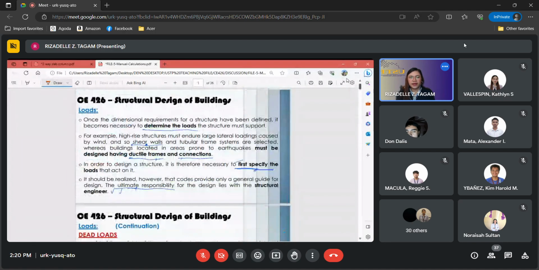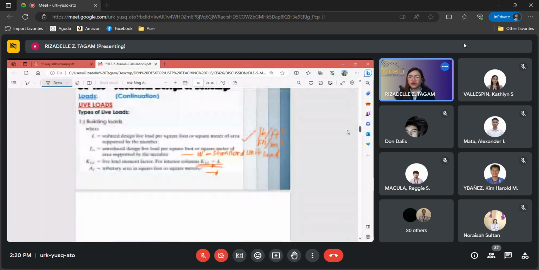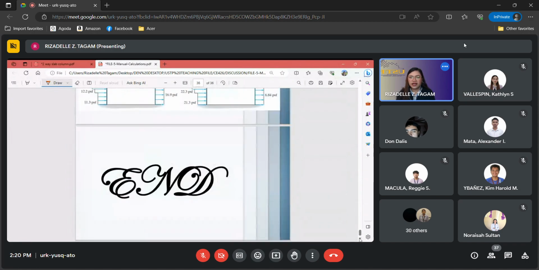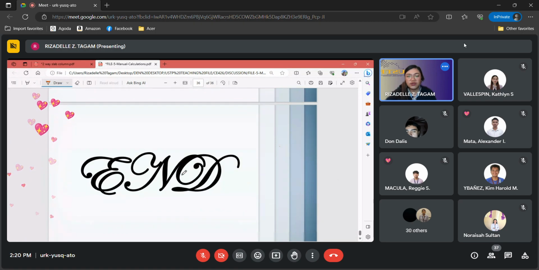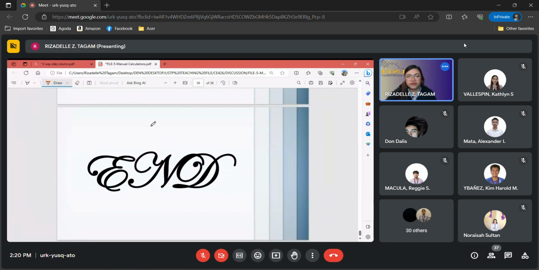So you can now start your calculation of the dead load. And I'll remind you again that it doesn't mean you compute everything by hand; that is in Excel form.